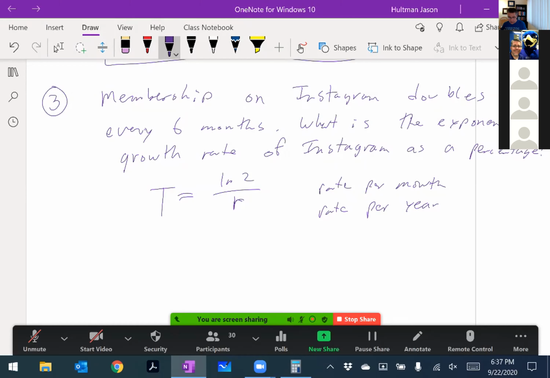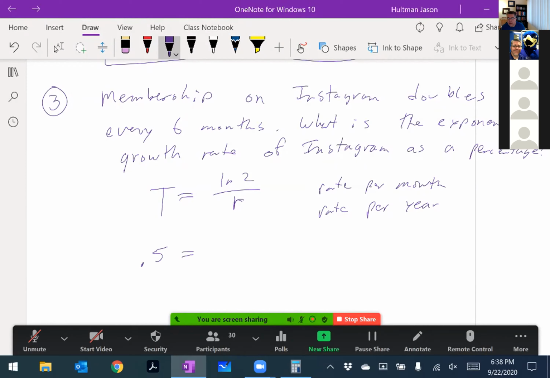If it doubles every 6 months, what is the rate as a percentage? What would be the doubling time here? The doubling time would be 0.5, or half a year.